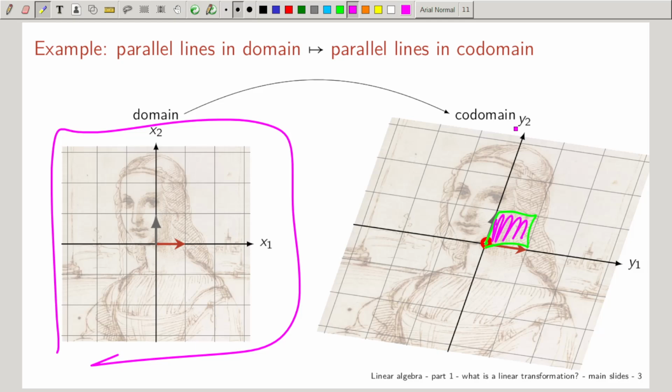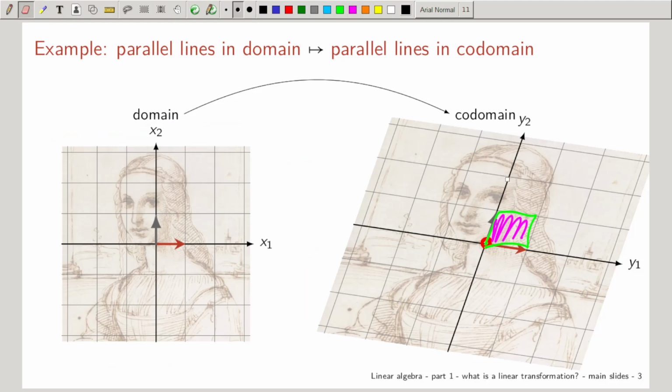Yes. Is it interesting to talk about if the first domain was stretched and the other one was just a line? What would happen if you took something in the codomain, not on that line, and drew it back to the stretched out one? I'm not sure that I understood the question.